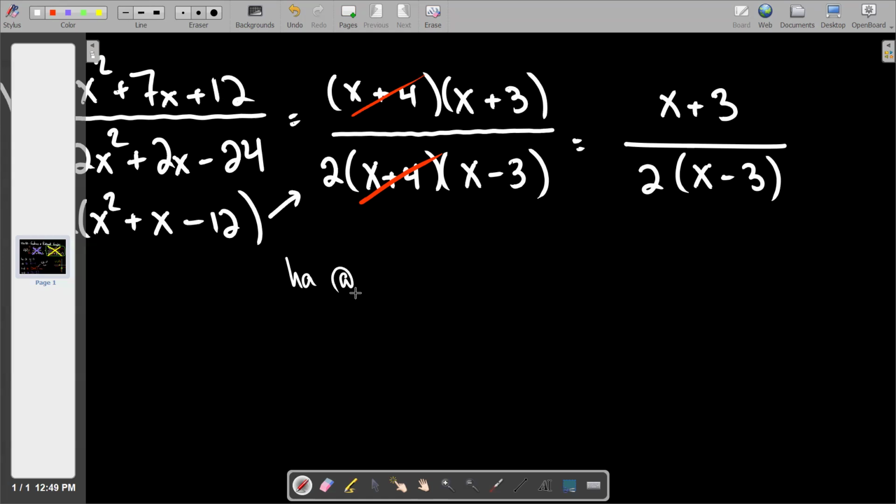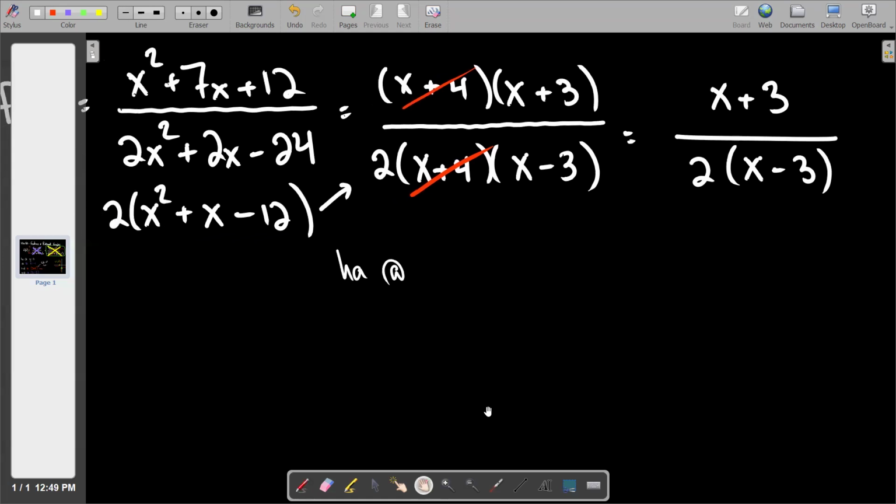Does this graph have a horizontal asymptote? The reason I picked this example very specifically is because in our first example, we saw one that had a horizontal at 0 for degree reasons. Second example, we saw one that doesn't have a horizontal for degree reasons. This one has one at a very specific location. Where is it? At 1/2.